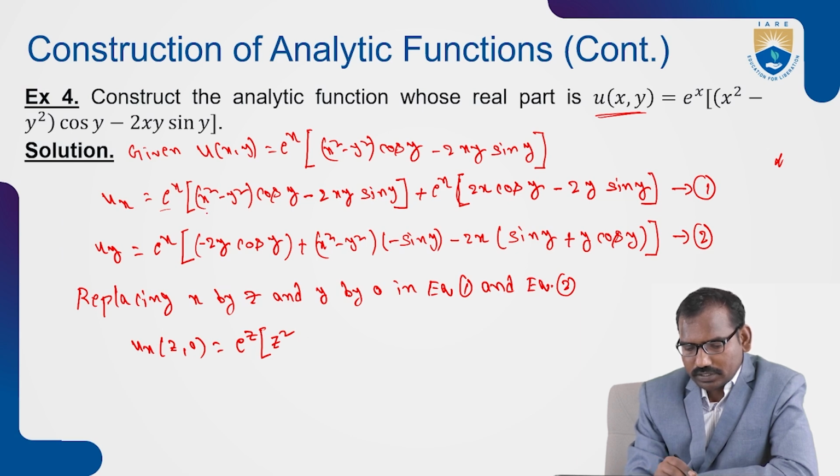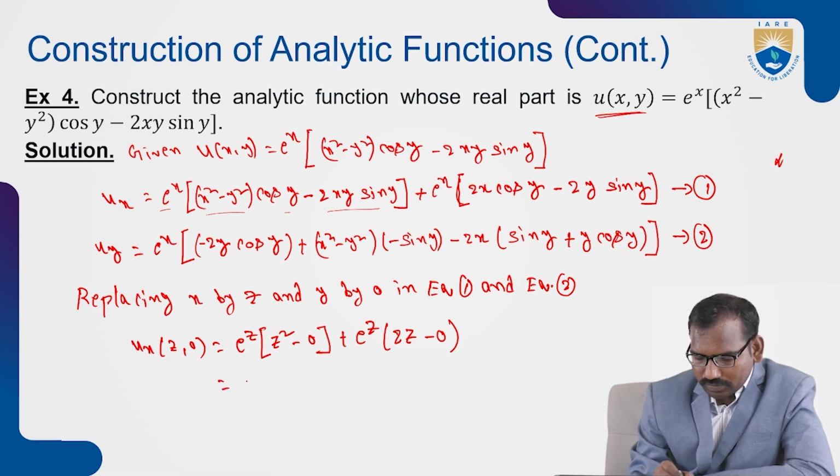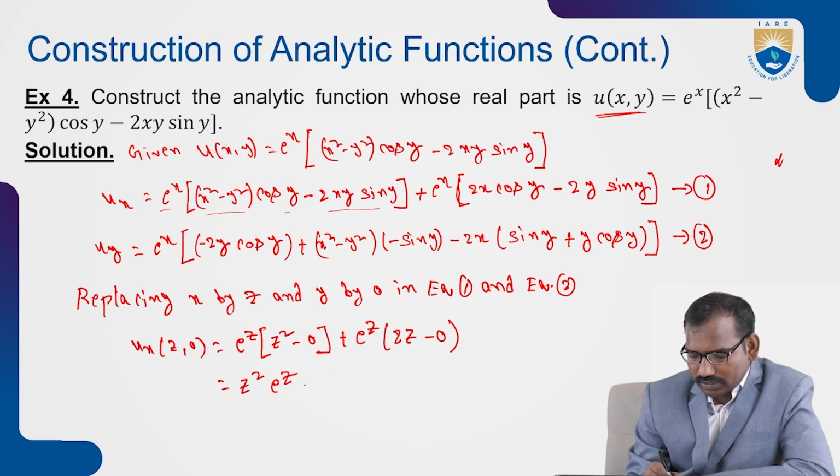This time will give you only z square because y is 0, and this term will be 0 minus 0. Next this term plus e power z, 2z, only 2z, and cosine 0 is 1 only. Second term will give you 0. Okay, so what you will have? You will have only z square e power z, and in this term you have 2z e power z.